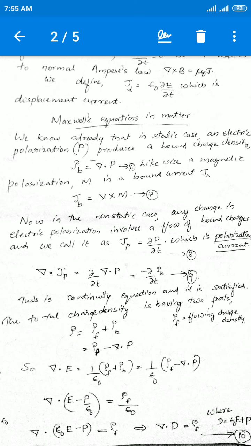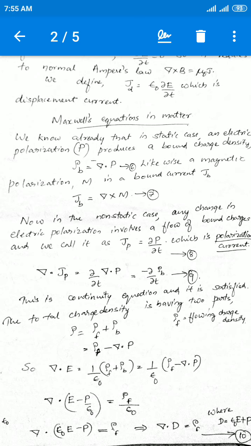Take the divergence term to the left hand side. You will get del dot of E minus P by epsilon 0 is equal to rho F by epsilon 0. Now multiplying throughout with epsilon 0, you will get del dot of epsilon 0 E minus P is equal to rho F, isn't it? And epsilon 0 E minus P we call D. We substitute it as D.